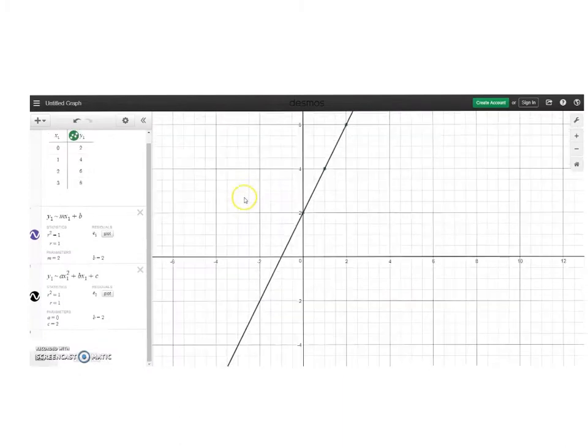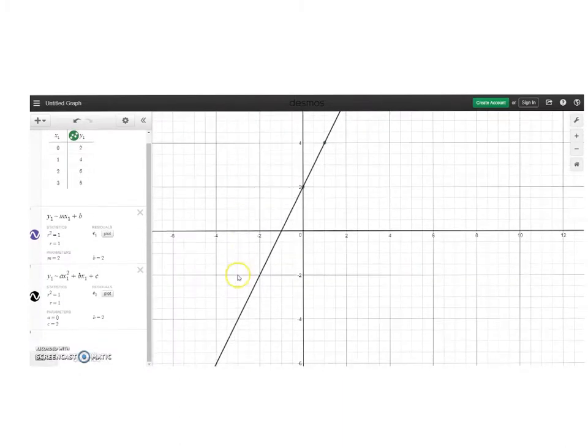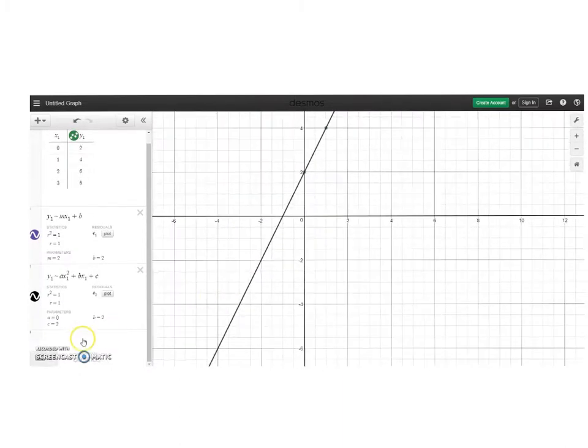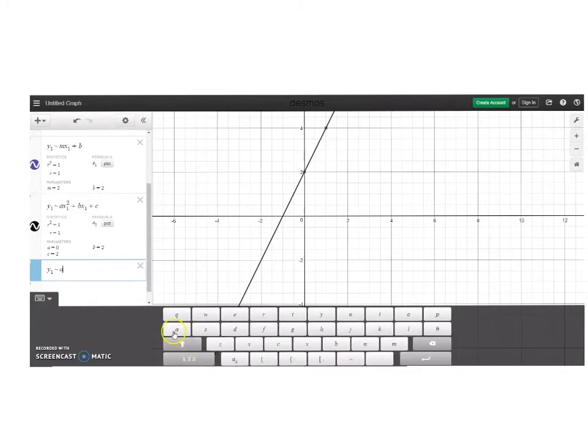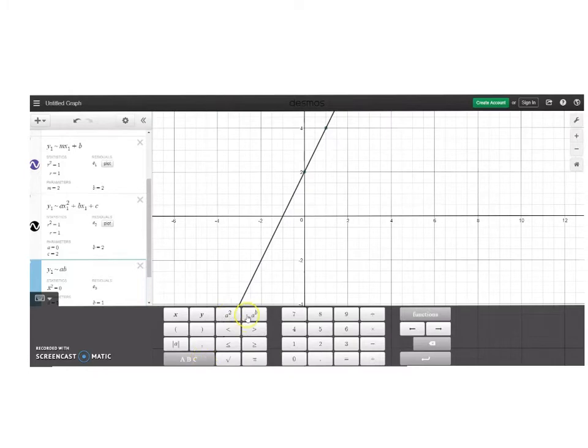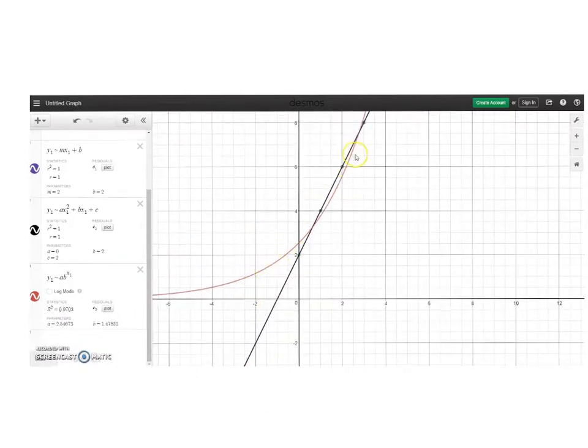And you can see I have another line that fits it, and my exponential one, y1 tilde a times b to the exponent x1. So now you can see I have an exponential curve of best fit.